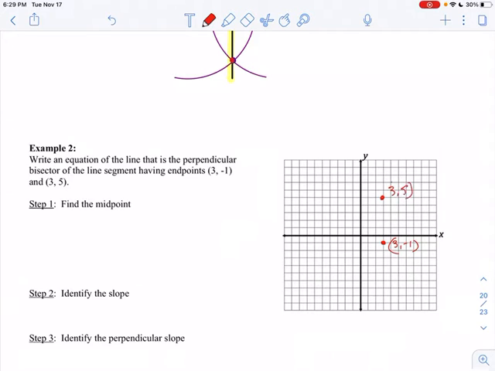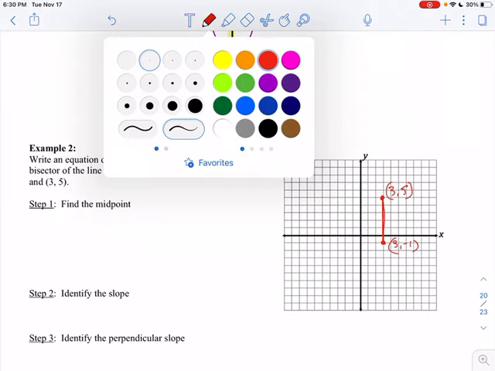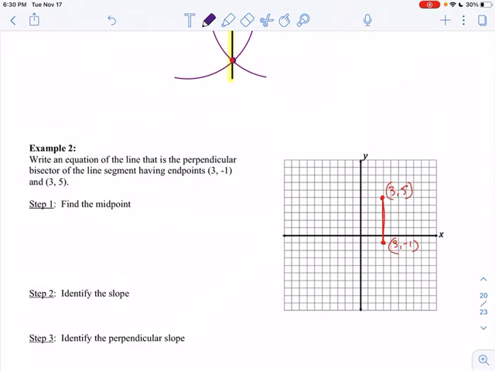Okay, so there's 3, 5. Let me connect them. I want to write the equation of the line that's perpendicular to this and that cuts it in half. The equation is going to be right smack in the middle, at this line that I'm drawing right here in purple. The equation of that line is y equals 2.